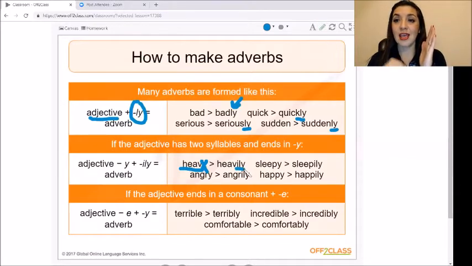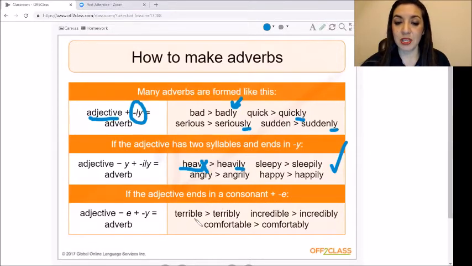So heavy, heavily. Sleepy, sleepily. Angry, angrily. Happy, happily.